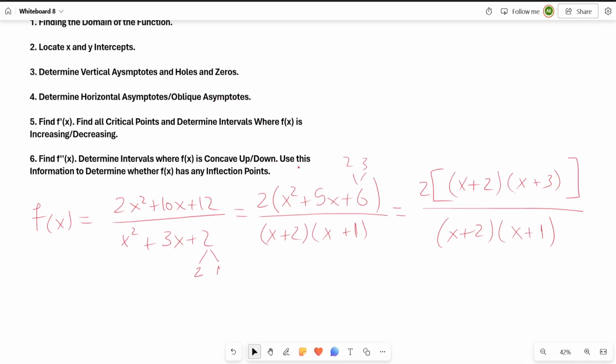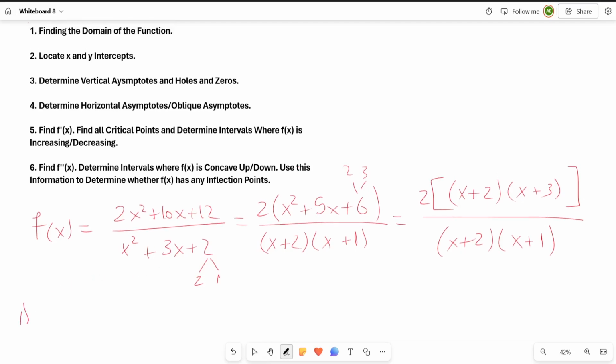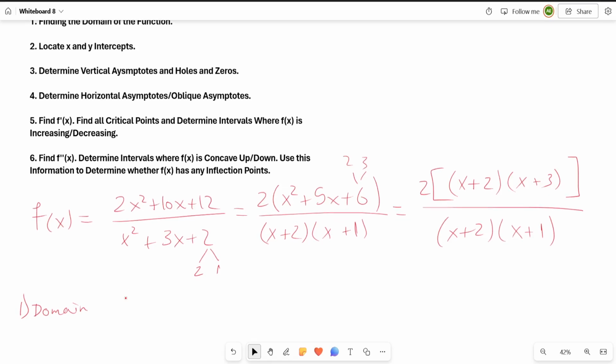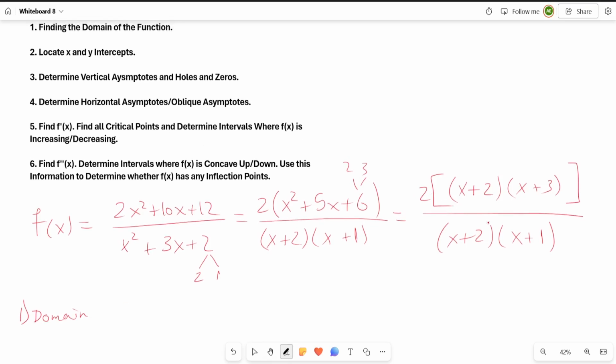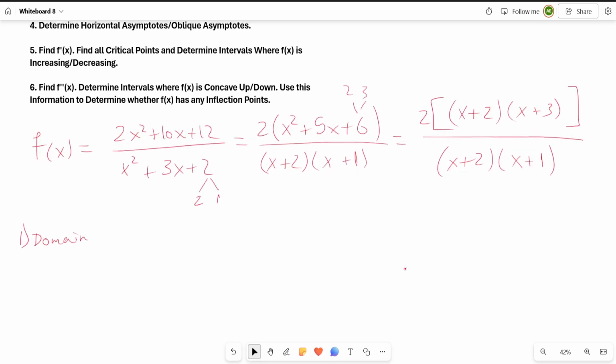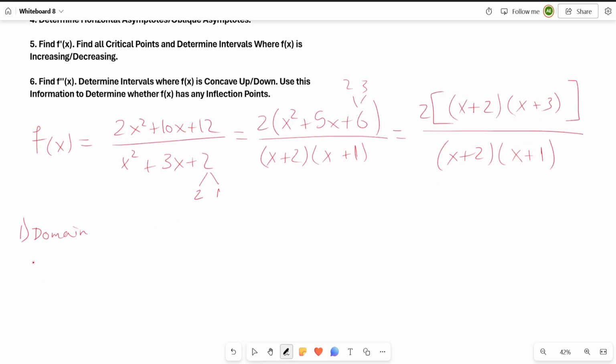So for now, let's think about the domain. Domain is basically anything that x can be without any restrictions. In this function over here, I have a restriction that tells me that my denominator cannot equal 0. So what 2 values will make the denominator 0? To find them, I can equate the whole denominator to 0.